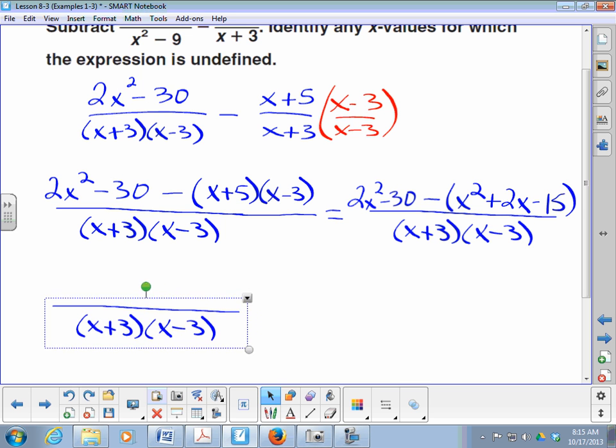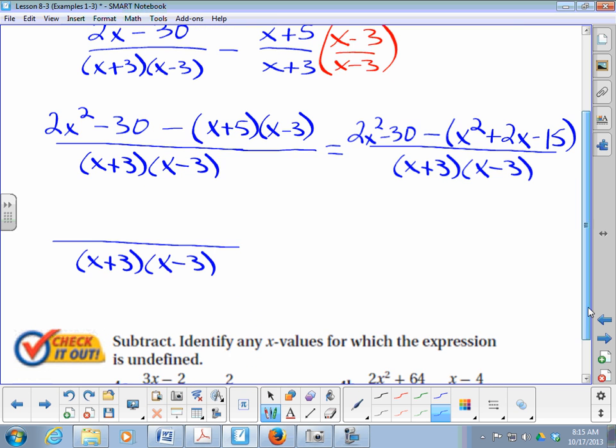Right. Now, I'm going to distribute the negative sign. So we have 2x squared minus 30 minus x squared minus 2x plus 15. Right. Continue to write it all out.